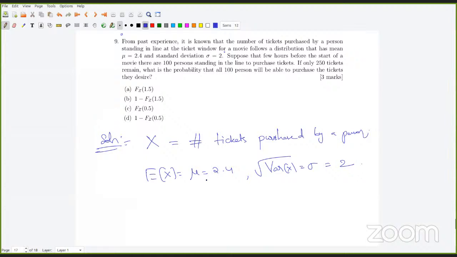In real sense no one can purchase 2.4, but the average turned out to be 2.4. Say there are 10 people and only 24 tickets have been sold; to compute the overall distribution, they have computed the average. So the average number of tickets purchased by a person is 2.4 with a standard deviation of 2.